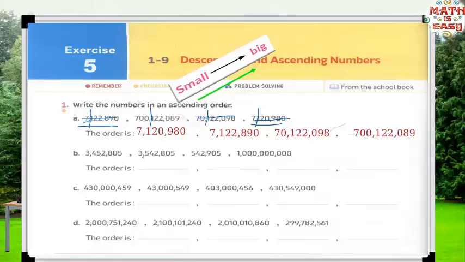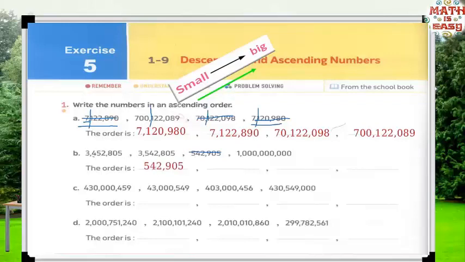Next one, see how many periods are in all the numbers. We have 4 periods here, 2 periods here, but in the first and second numbers we have 3 periods. We want to find the smallest number. Which one is the smallest? Without comparing digits, you can say this number is the smallest because it has only 2 periods. After that, we write 500, 42,000.